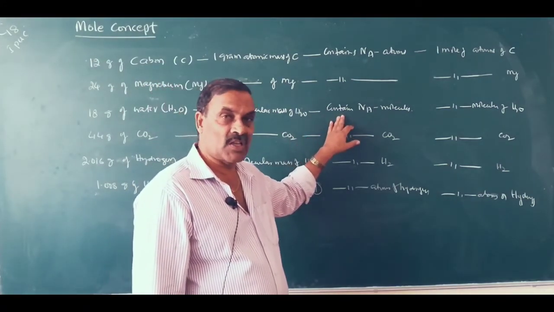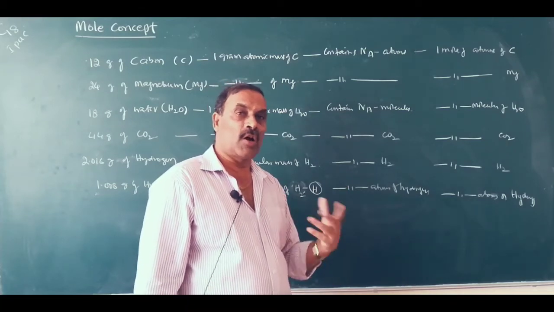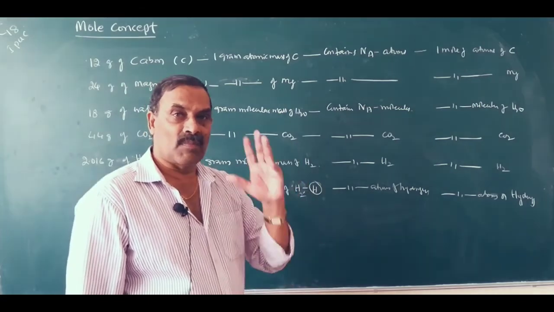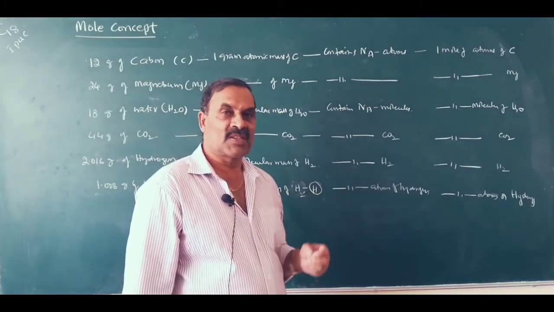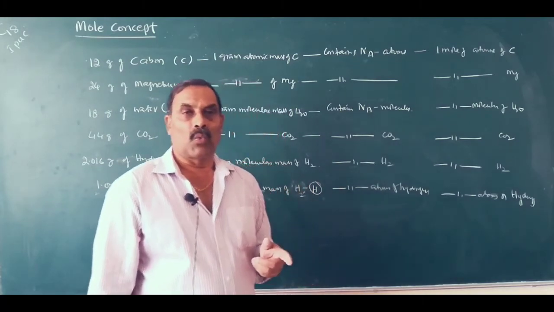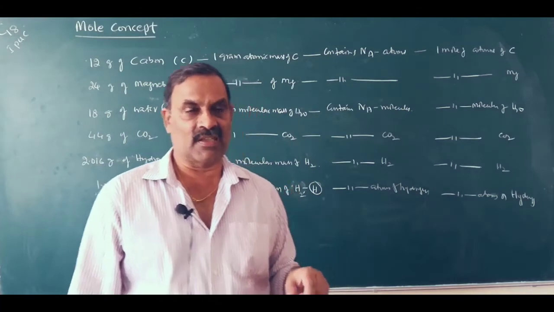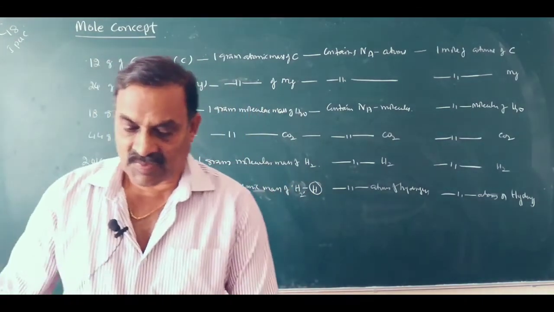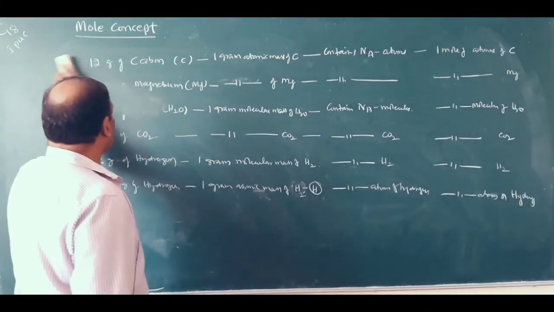Avogadro number of molecules. So 1 gram molecular mass of any compound contains Avogadro number of molecules, and that amount of substance is known as 1 mole of molecules of that substance, or 1 mole of that substance. So this is the concept of mole and Avogadro number.